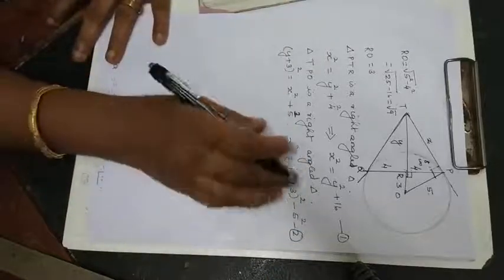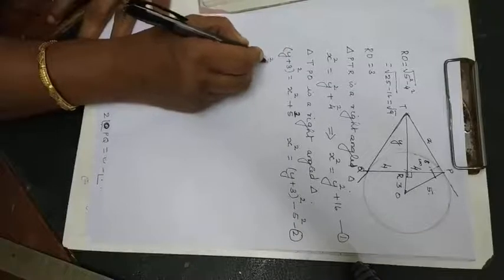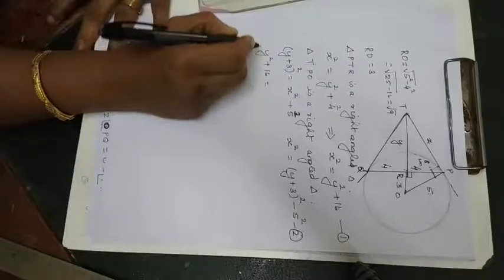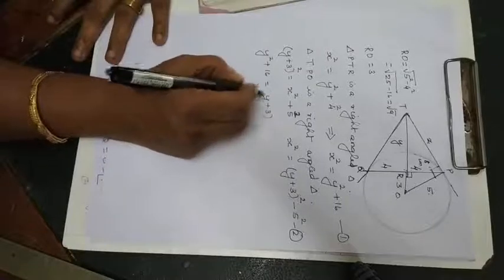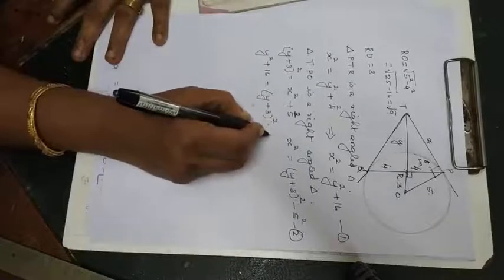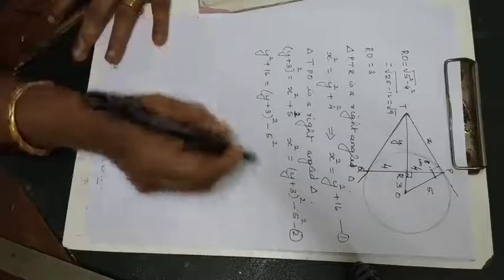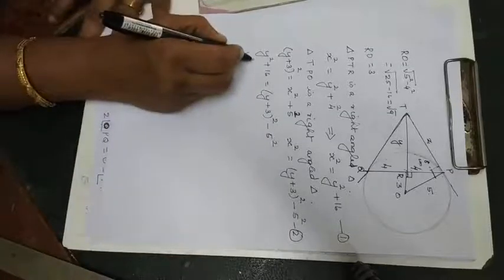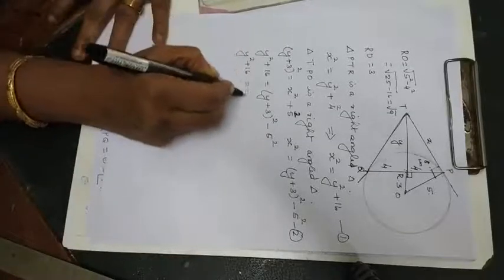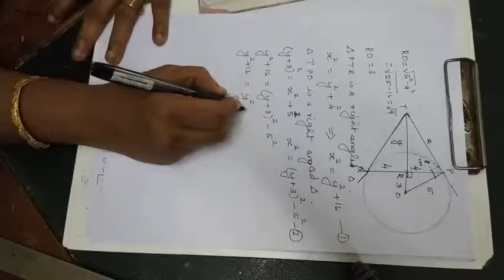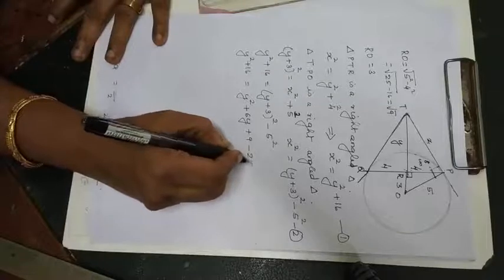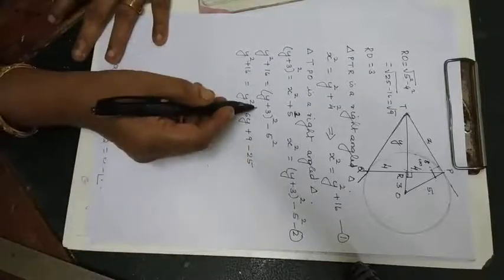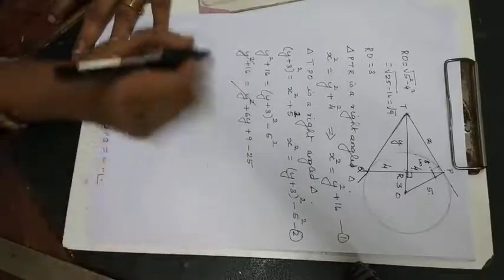Now equate this one. Y square plus 16 is equal to Y plus 3 the whole square minus 5 square. So Y square plus 16 is equal to Y square plus 6Y plus 9 minus 25. Y square on both sides you can cancel.